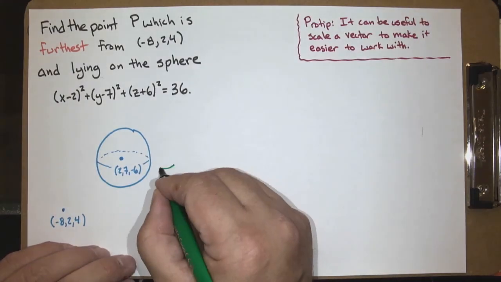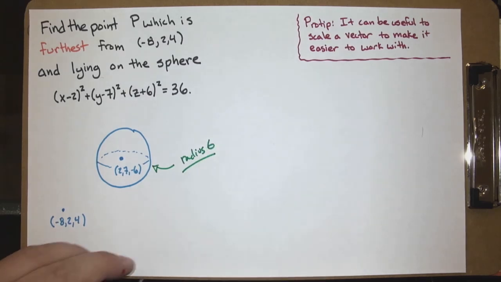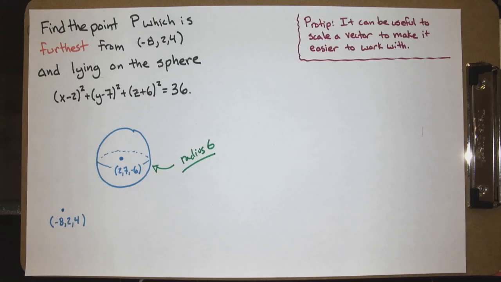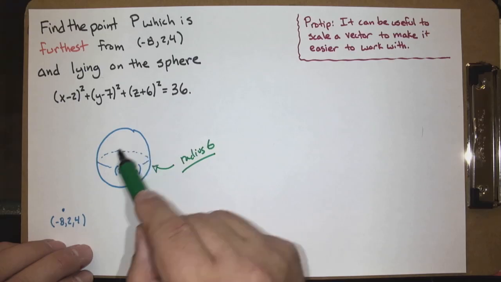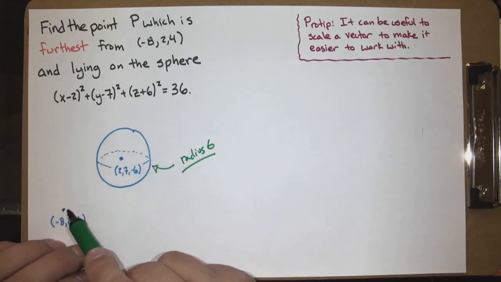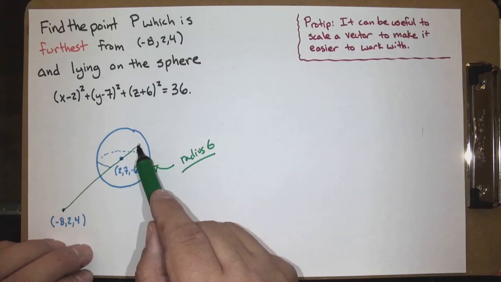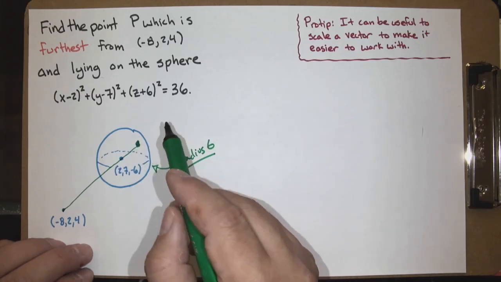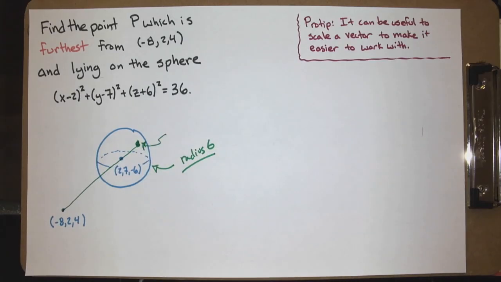All right, now, at this point you're like, cool, what does this have to do with vectors? Well, think of the picture. If I want the point which is furthest from this point, but on the sphere, go through the center of the sphere and see where you hit the other side. That's going to be the point you want. That's our desired point.